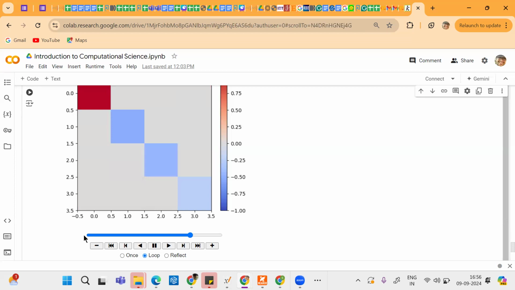That means your method already converged. And you see the method only converged to the diagonal elements. Only the diagonal elements are colored. The off-diagonal elements are like no color, just gray, right? Those will be zeros for you. So this is basically the QR method we are looking at right now.